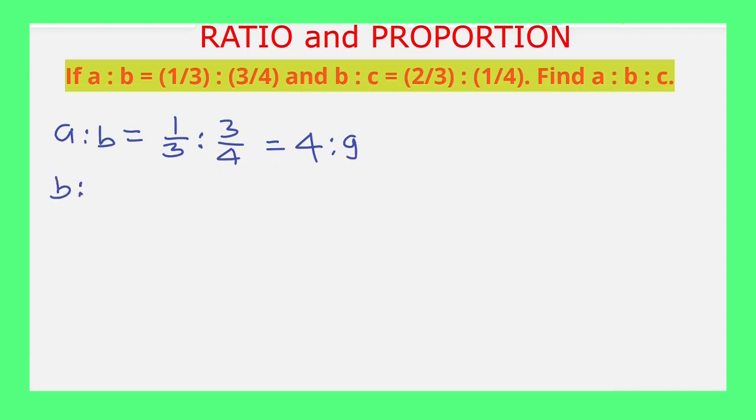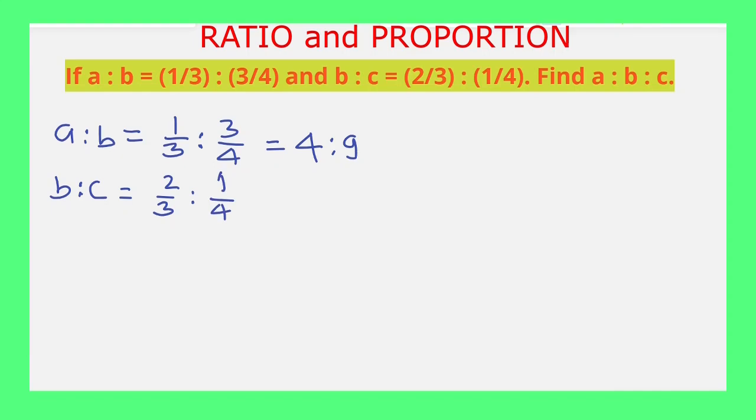Similarly, B ratio C given to us is equal to 2 upon 3 ratio 1 upon 4. Here again the LCM of 3 and 4 is 12.